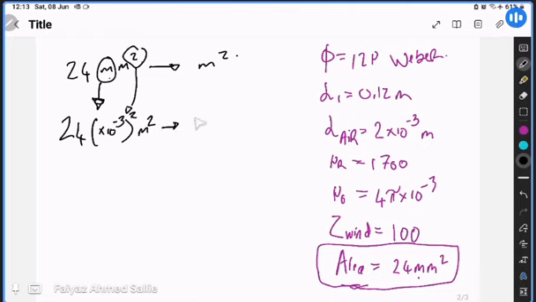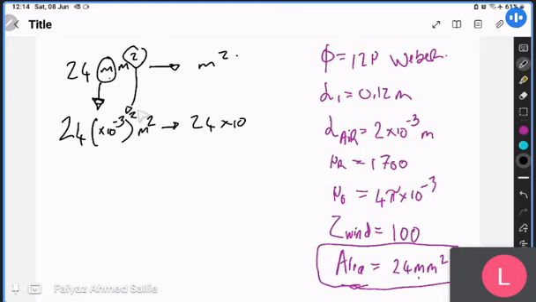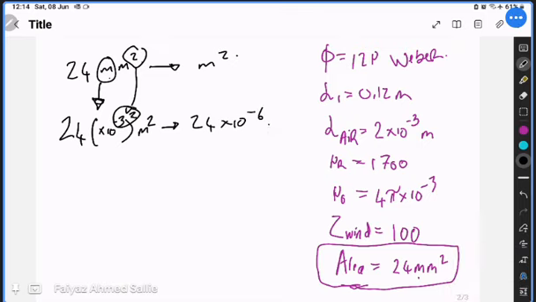So then we have an answer of 24 times 10. You know your laws: if the base is the same, you're going to have to multiply the exponents out, right? So we get negative 6 meters squared. So now that is our area.